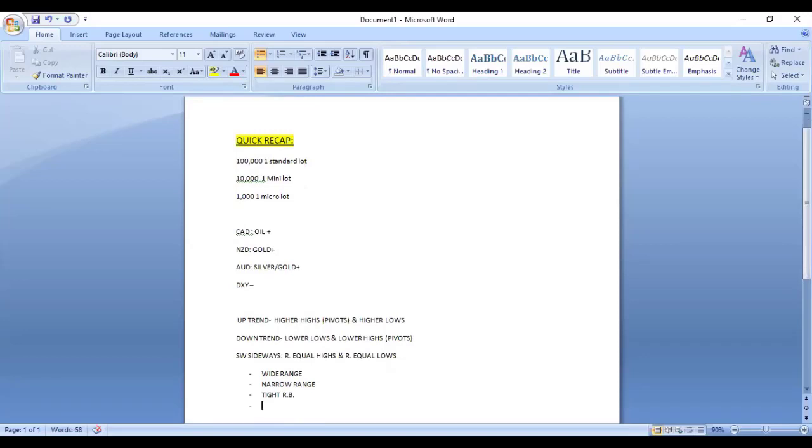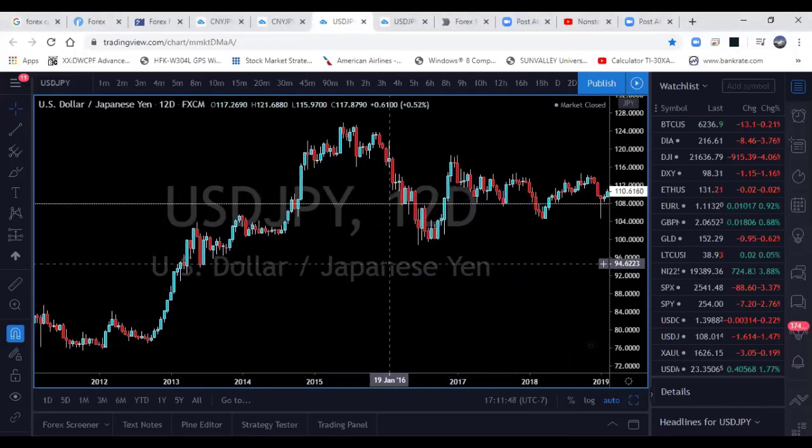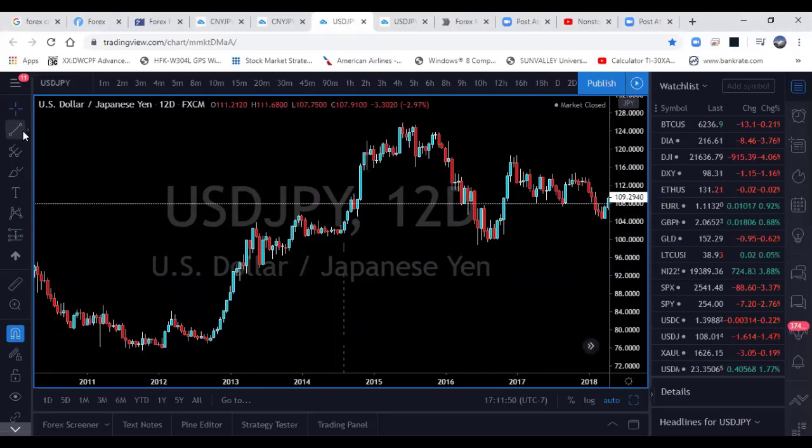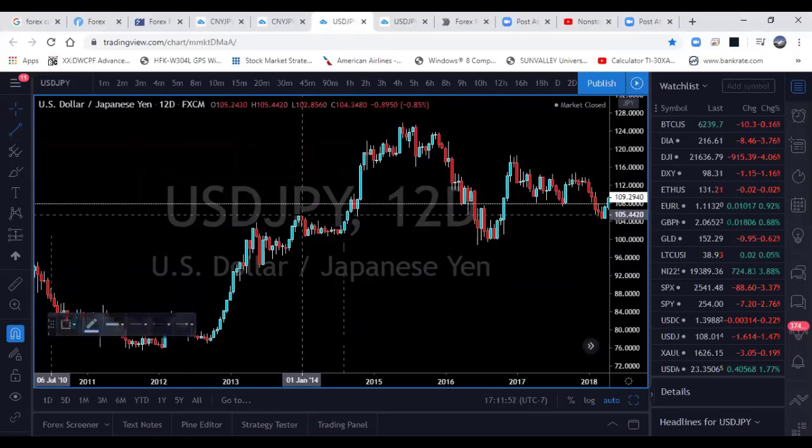So if we can have a tight range bound, let's look for that really quick. Let's go back to the market. Would that be considered a wedge, Lamar? Absolutely. So we have one right here. I'm going to map this off.